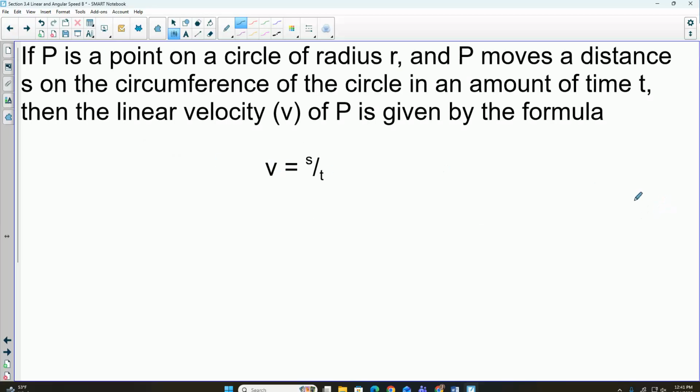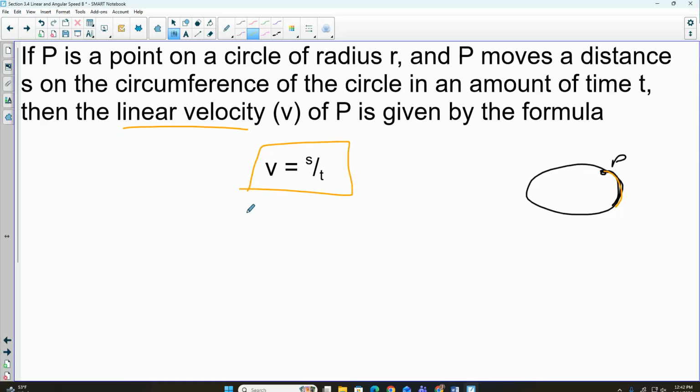So if you have a point P on a circle of radius r, we know the distance the point moves on the outside of the circle, that's s. So if I want the linear velocity, how fast this point is moving on the outside of the circle, that's your arc length divided by time. So linear velocity is denoted with a v.